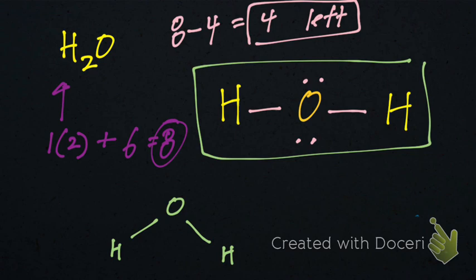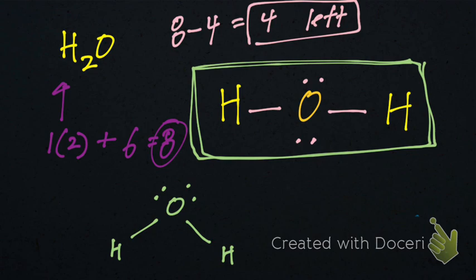It's called a bent shape, and the lone pairs like this. It's still very similar, but we know that anytime a situation arises like this that I've drawn here, this structure is going to bend. It's going to be called a bent shape, and you're going to bend it with the lone pairs that way.